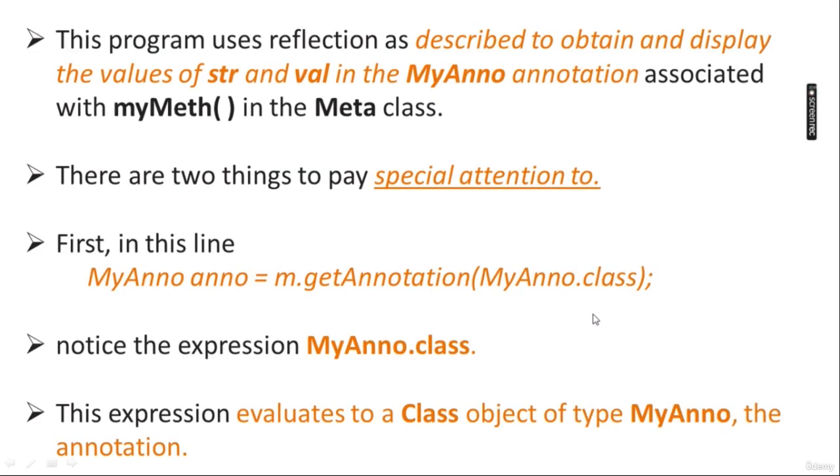This program uses the reflection technique as described to obtain and display the value of string and value in the MyAnnotation associated with myMethod in the Meta class. There are two things.